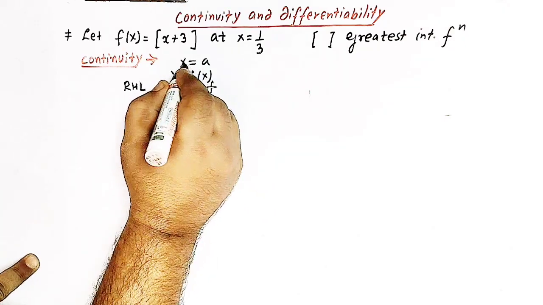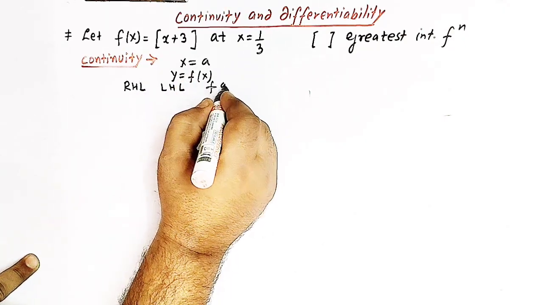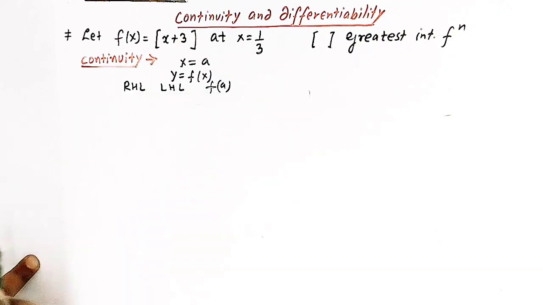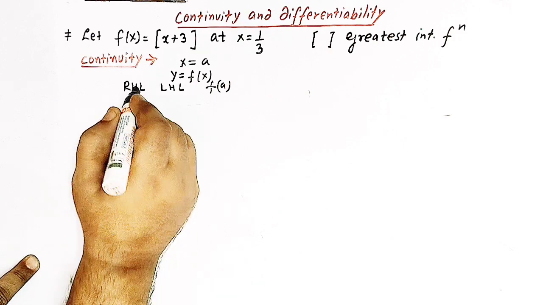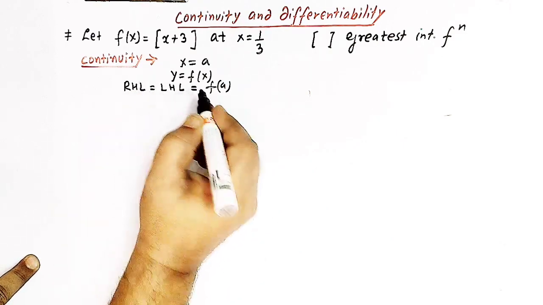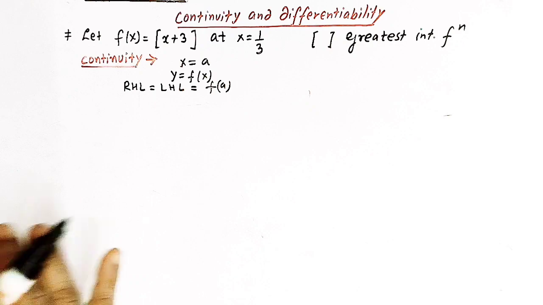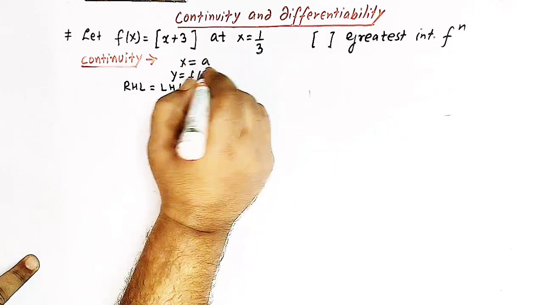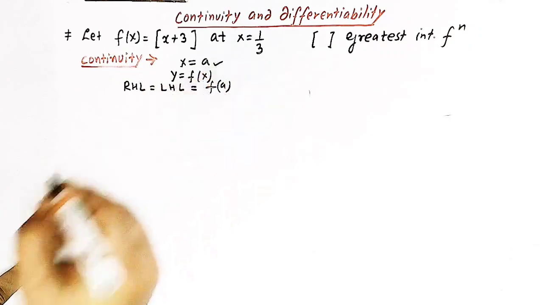If all these three quantities are finite, exist and are equal to each other, then we can say that the given function is continuous at this point x is equal to a.